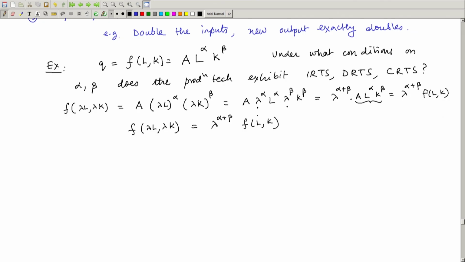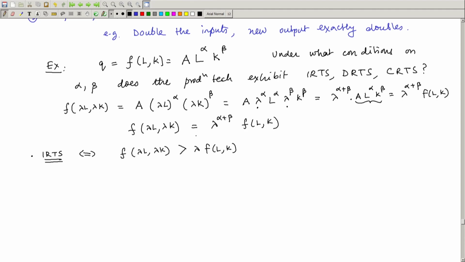So, this is what I have figured out. By scaling the inputs by some factor lambda, we have found out what the new output is. Now, let us look at increasing returns to scale. For increasing returns to scale, what do I know? I need f of lambda L, lambda k to be greater than lambda times f of L, k, right. Recall the definition. I scale the inputs by some factor lambda, my new output has to increase by a factor which is greater than lambda times f of L, k.